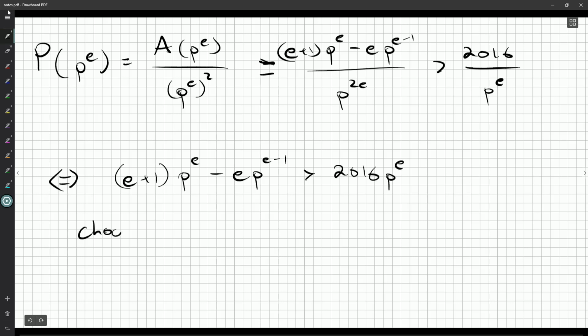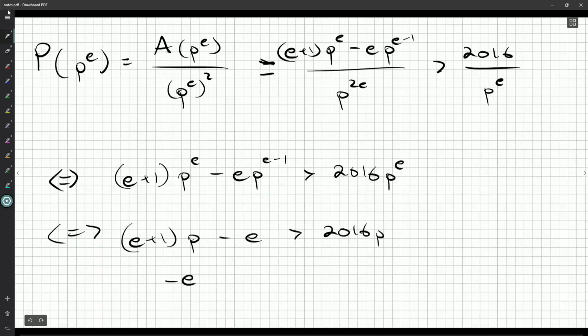But as long as I choose, I was going to say choose e to be 2016, but we're subtracting over here. So what can we do? Oh, I can divide by p to the e minus 1, right? And so minus e has to be less than p times 2016 minus 1 minus e.